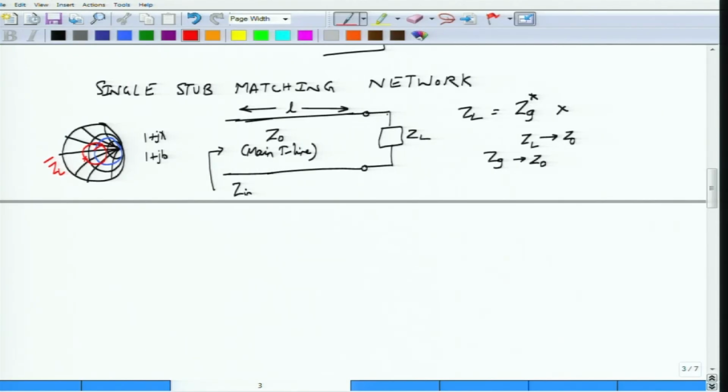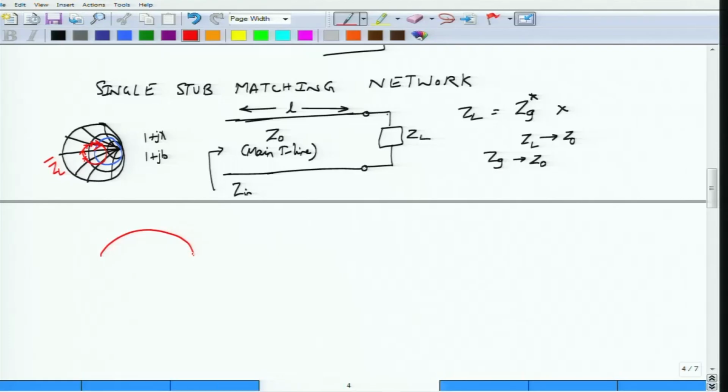Now you look at this red curve, which represents the constant SWR circle characterized by this ZL and Z0. Any movement towards the generator, so as I move towards the generator, I look at this normalized ZL and then I keep moving along the constant SWR circle. Now what happens at this point? At this point something interesting has happened.